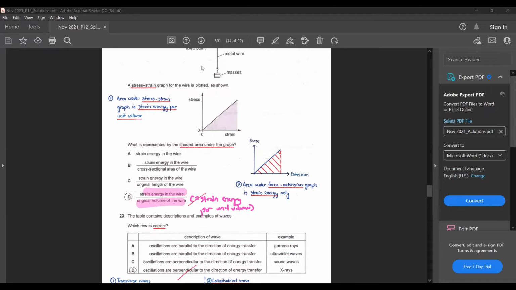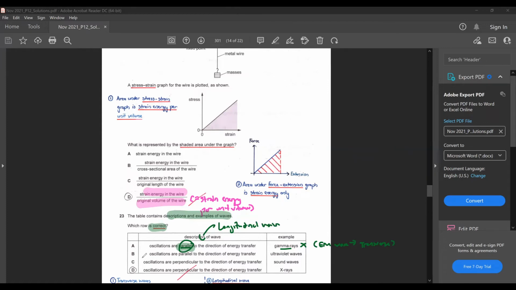Then next one, the table contains descriptions and examples of waves. Which rows are correct? Now, oscillations are parallel to the direction of energy travel. Example is gamma ray. This one is out. Gamma ray is actually an EM wave, which is a transverse wave. What's being described here is actually a longitudinal wave.